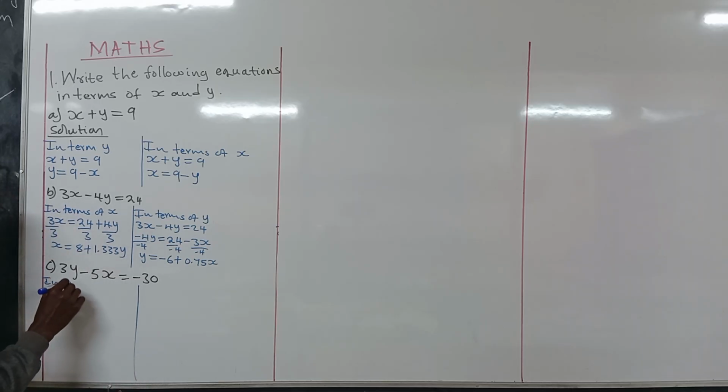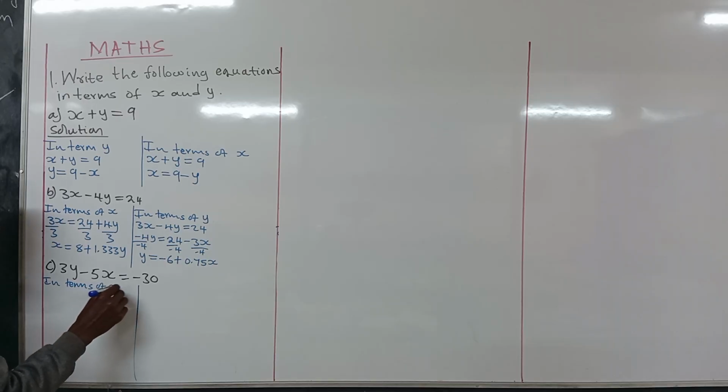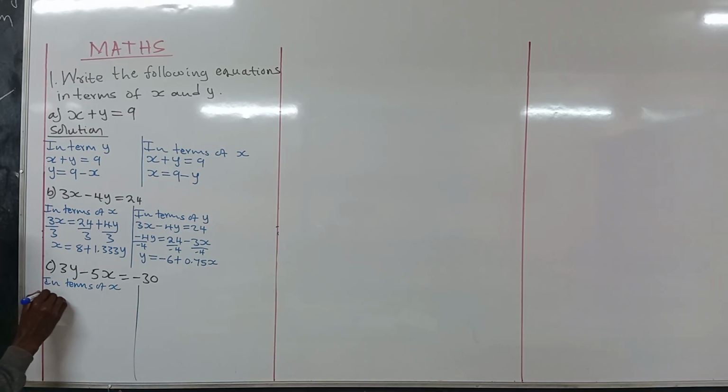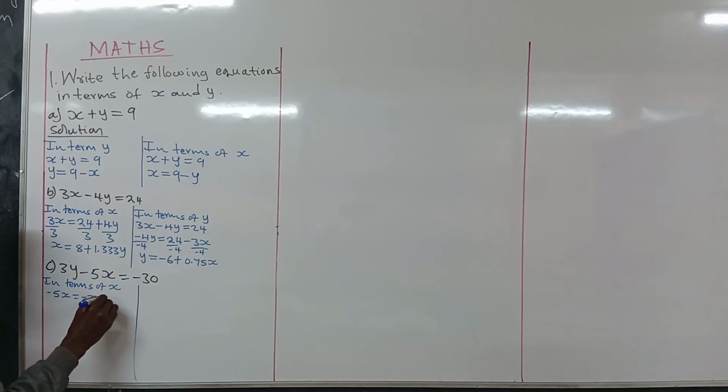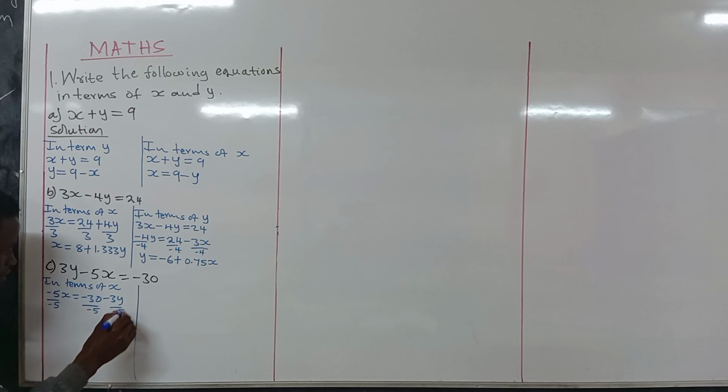So in terms of x, we have minus 5x is equal to minus 30 minus 3y. So divide by negative 5, divide by negative 5, divide by negative 5.